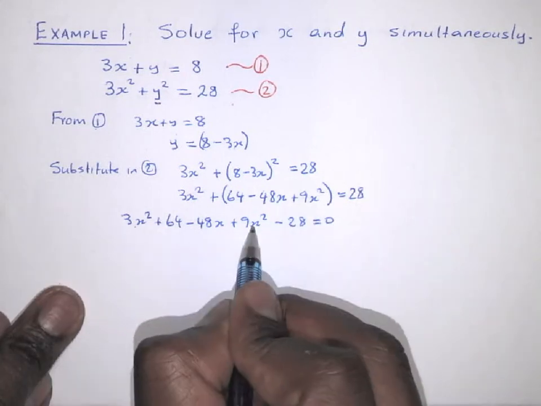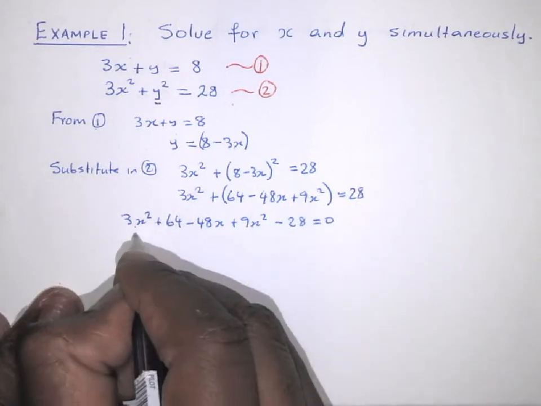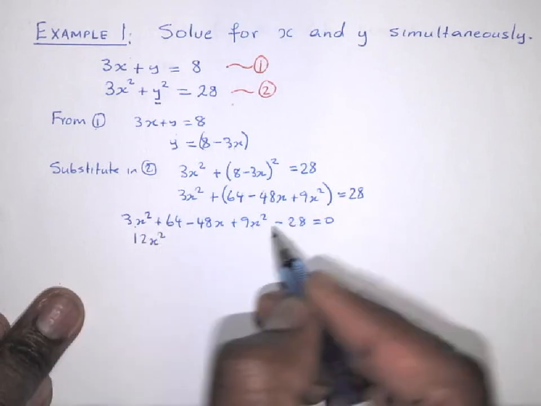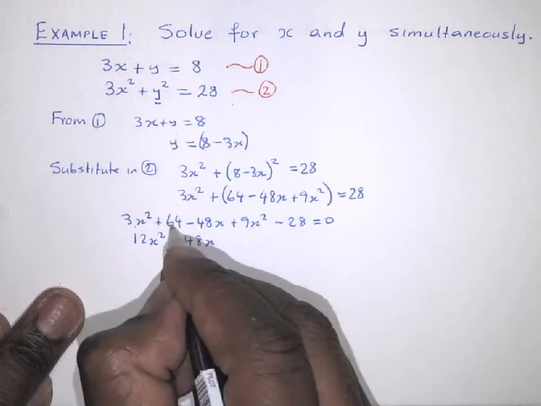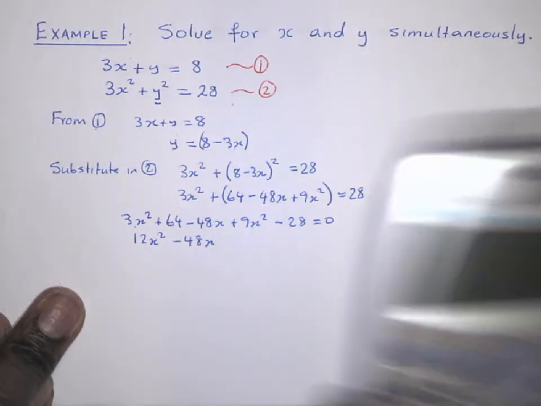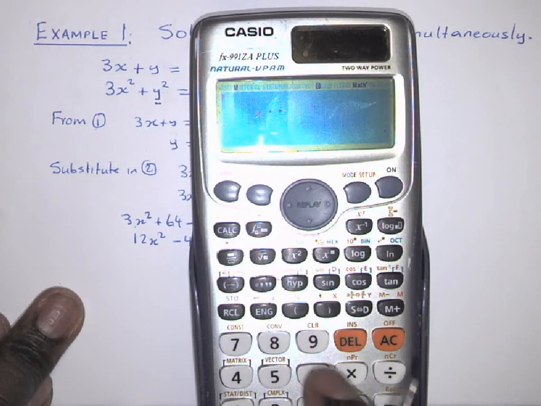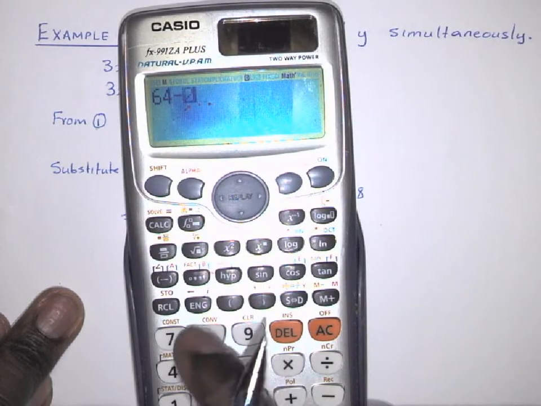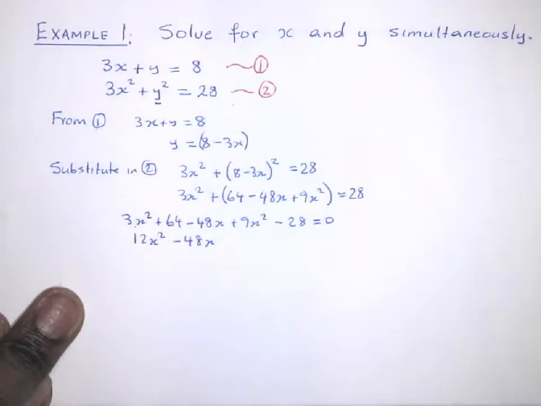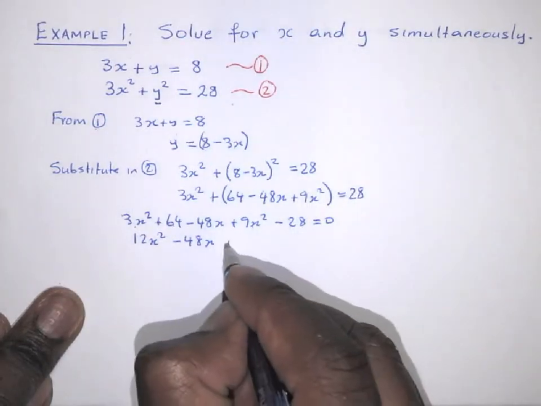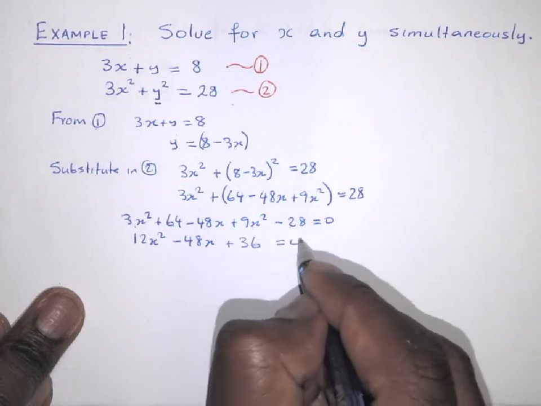Now 3x squared plus 9x squared gives us 12x squared, then minus 48x, and then 64 minus 28. Take my calculator, 64 minus 28 equals 36. So this is plus 36 is equal to 0.